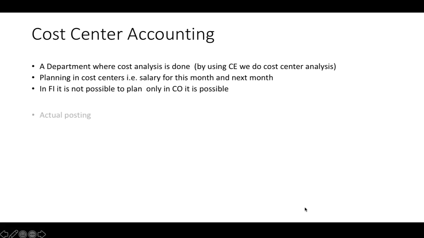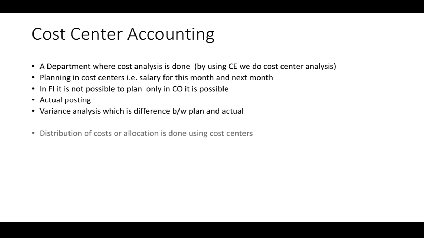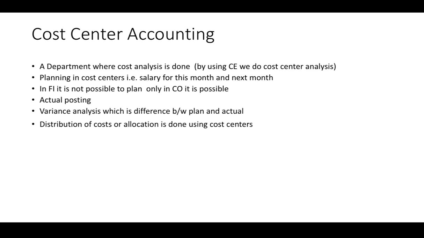We can do planning also, actual posting also. You can do variance analysis. Let's say you plan that in my whole year my admin department will spend 100,000, but at the end of the year they spend 70,000. So there's a difference, right? So under applied, over applied, right? Variance can be analyzed. Distribution can be done using cost centers.